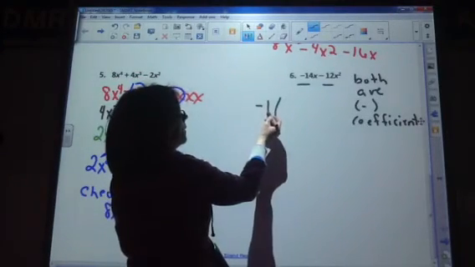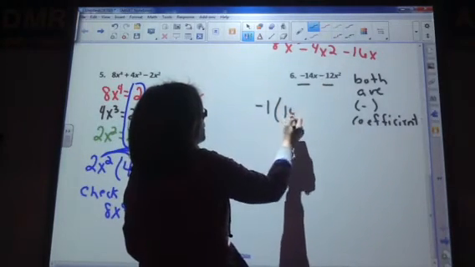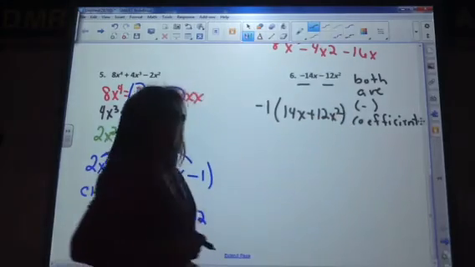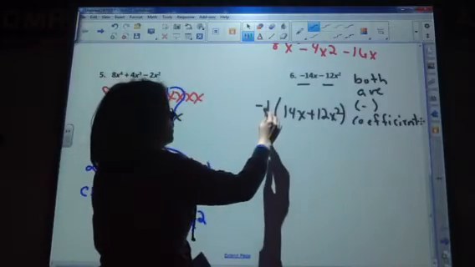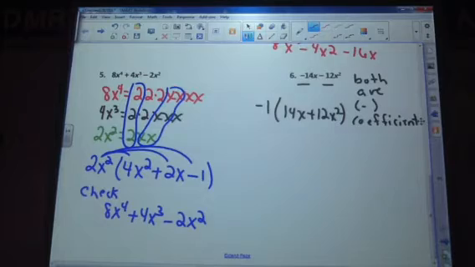When you factor out the negative 1, everything here goes to its opposite. So that would be a positive 14x plus a positive 12x squared. The reason why I can do that is because if I distribute it, I get a negative 14x and I get a negative 12x squared.